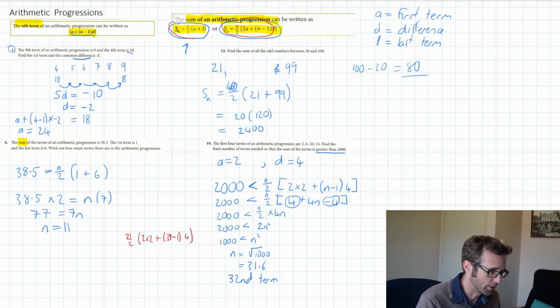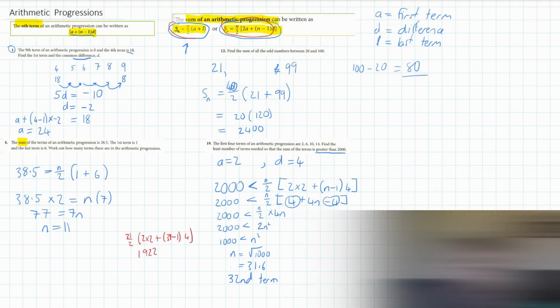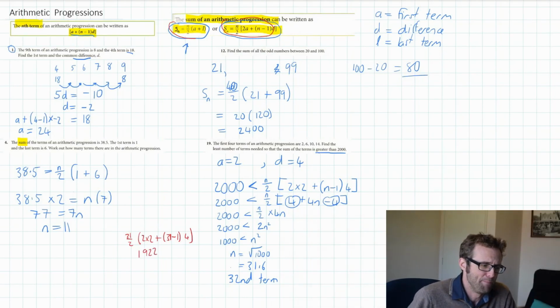Let's just do this quickly in the calculator. 31 over 2 multiplied by 4 plus 30 times 4, 120. Okay, and what do we get? Well, we get 1922.